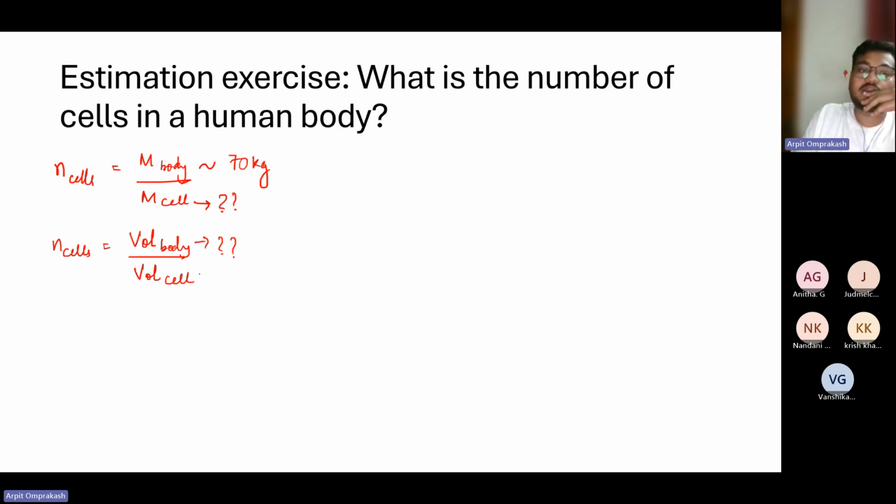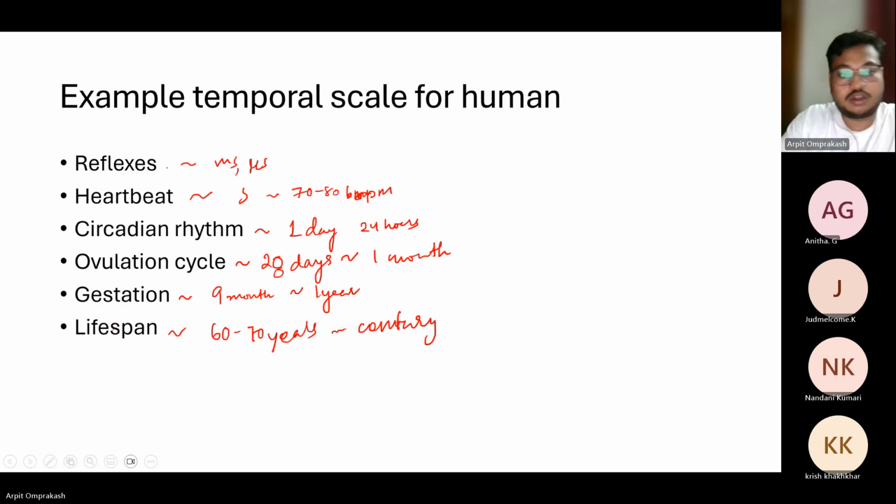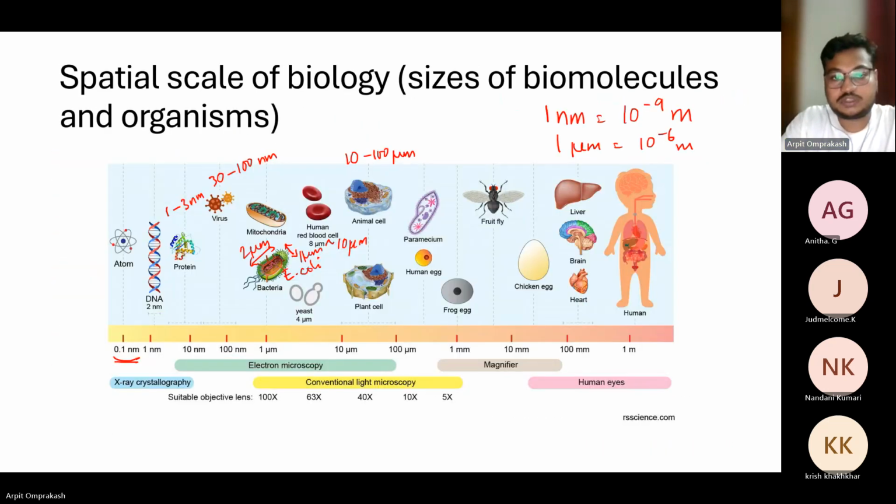So again, for the volume of a cell, how do we calculate it? If you make some simple assumptions, for example, we talked about scales before, what is the size of a cell, and so on.